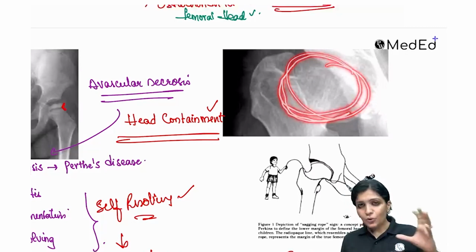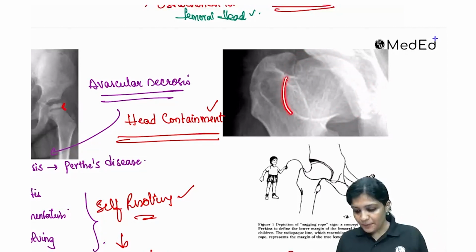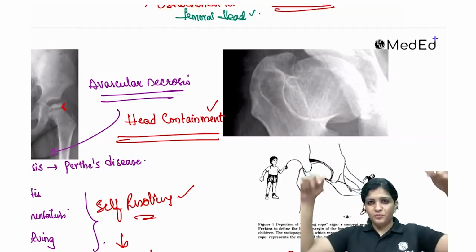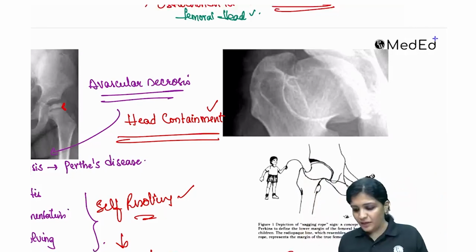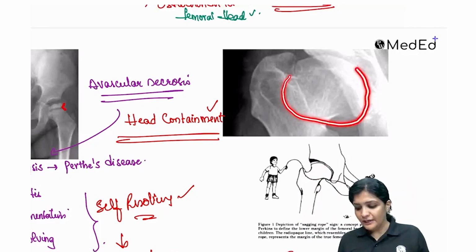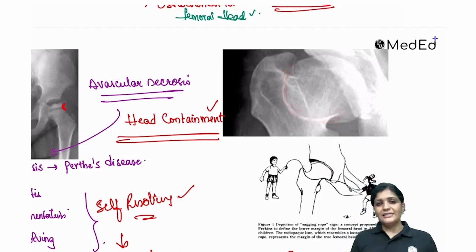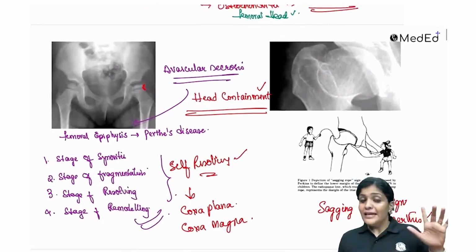Because of this huge size, you see something dropping down like this. So this is the rope sagging, like a skipping rope which you hold loosely in between, which causes the sagging. So this is actually the head, but on the x-ray it is seen like this. So this is seen as the sagging rope sign in Perthes.